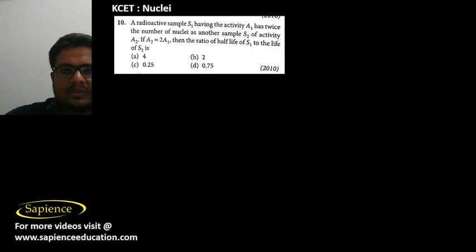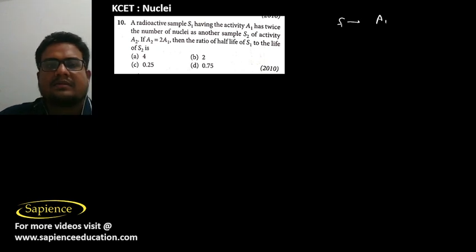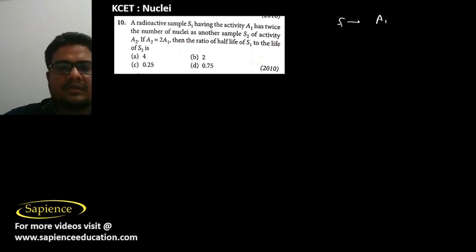In question number 10, it is told a radioactive sample S1 having the activity A1 has twice the number of nuclei as the sample S2 of activity A2.